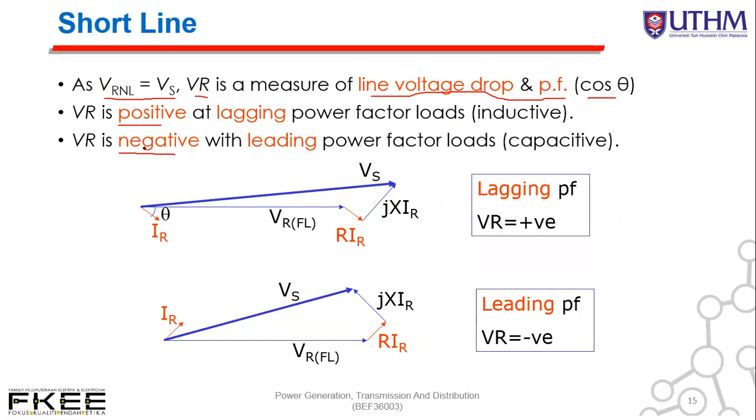Unity means the voltage at the receiving end is equal to the voltage at the sending end. Let us look at the case of positive, which is lagging power factor. Usually what makes the power factor lag is the inductive load.